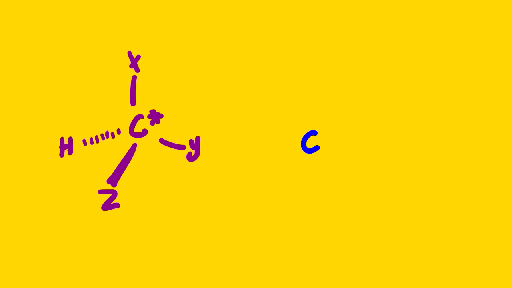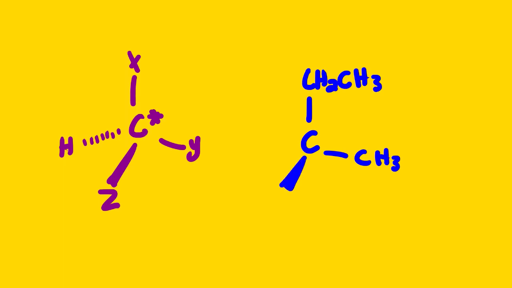Another way to represent a chiral carbon can be like this: CH2CH3, and then we have a methyl here, and then we can have chlorine towards, and hydrogen away. Normally hydrogen should be away, especially when we have to name according to R and S. Or another one, we can simply draw something like this.